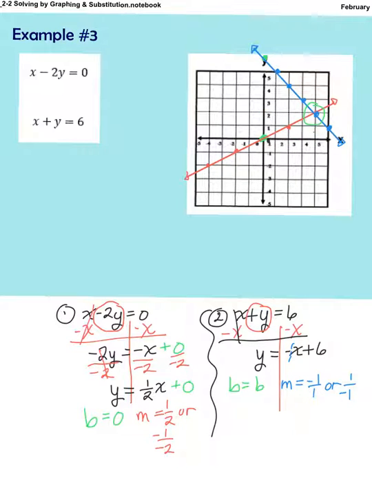The y value is positive 2. So 4, 2. Let's talk about the name of this system. Because it has a solution, it is consistent. And because we have one unique solution, it is independent.